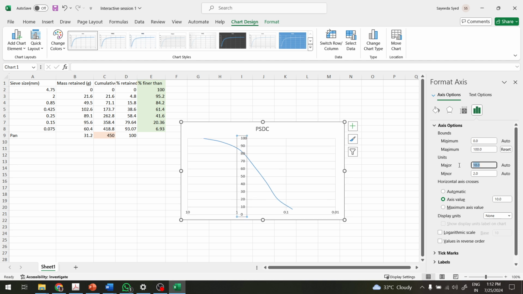Let the major be 20, minor be 10, and the horizontal axis crosses at 0. Okay.